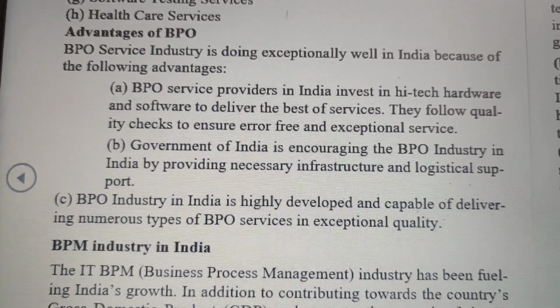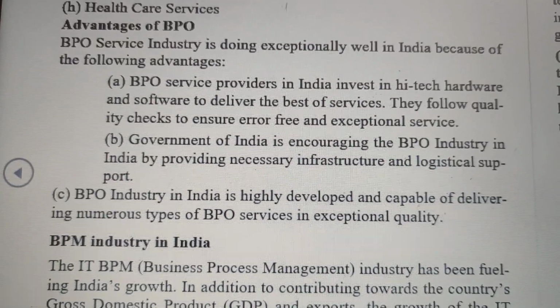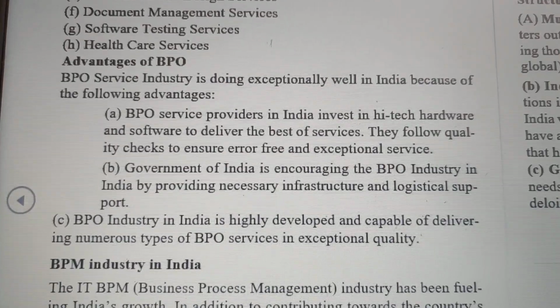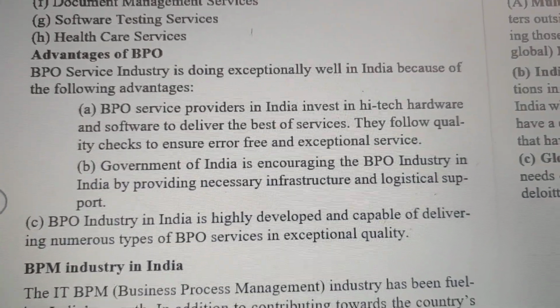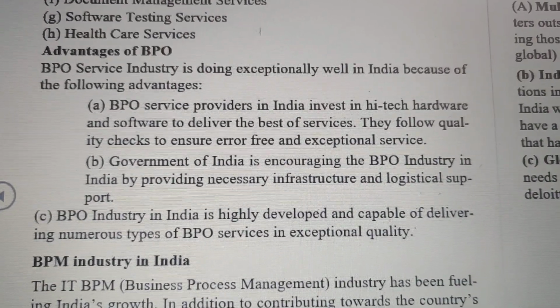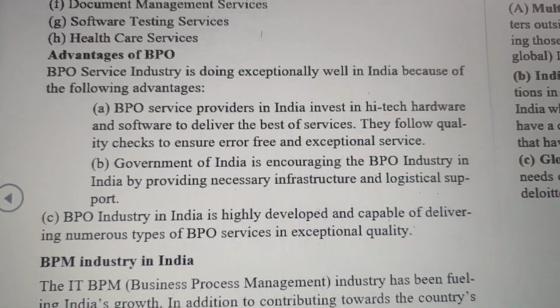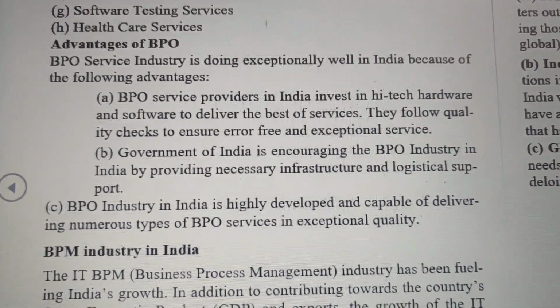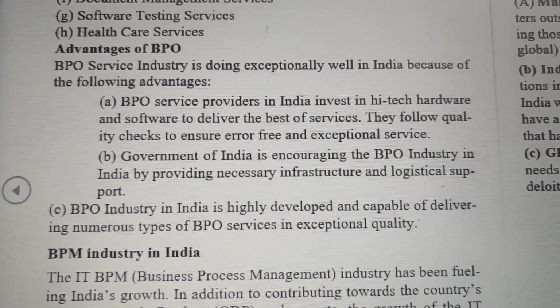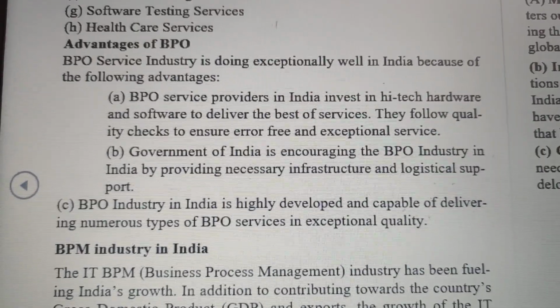So in India, when we give our services to another company, we give the best hardware and software delivery, right? So they follow quality checks. Before we give a service, we check and ensure ourselves that the service we are providing is error-free and exceptional.